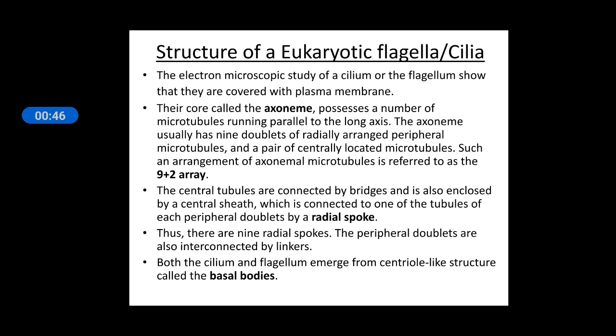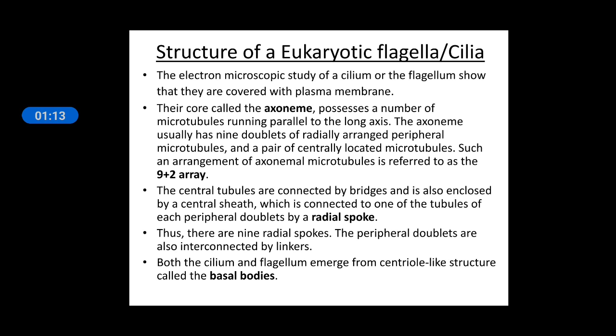One by one, the first statement is that electron microscopic study of a cilium or a flagellum shows that they are covered with a plasma membrane. This plasma membrane was absent in prokaryotic flagella, so this is one of the differences between prokaryotic and eukaryotic flagella.